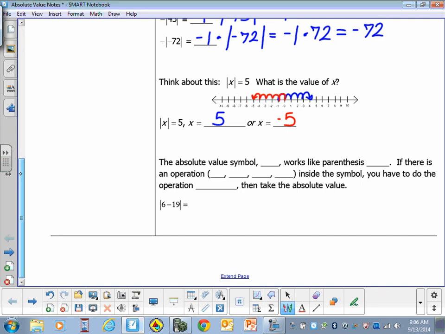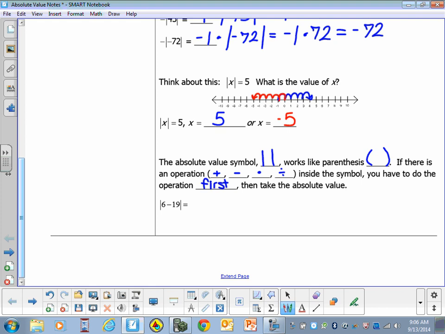Another thing to keep in mind as you're working through absolute value problems is that the absolute value symbol works just like parentheses in order of operations. If you have an operation like addition, subtraction, multiplication, or division inside the absolute value symbol, you have to do the operation first, then take the absolute value of your answer.